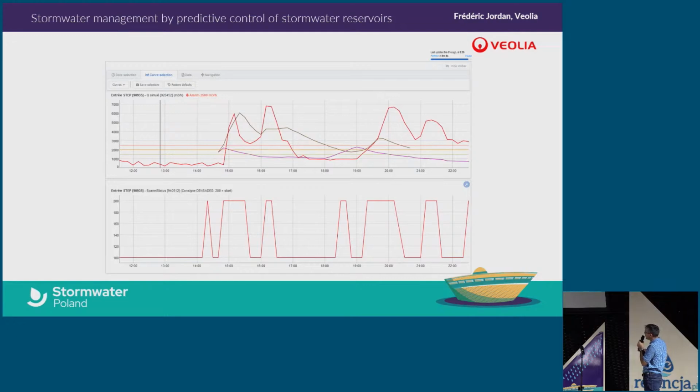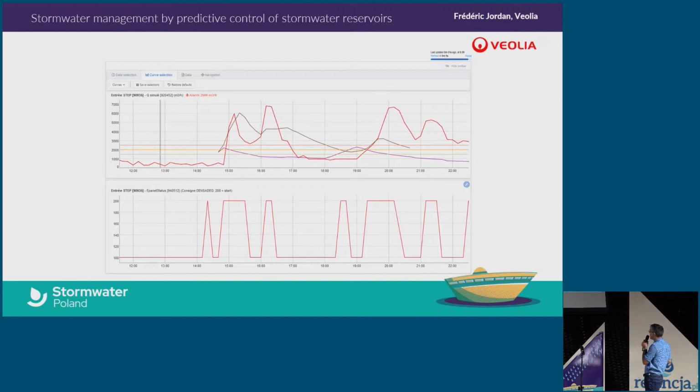We would predict according to two models. One would say, oh, not a lot of water is coming. The second one, which is based on radar, says, oh, we will go over the threshold, so we might need to activate the DensaDeg. This is confirmed by the signal, which says continuously activate it. If you zoom here, you can see that 10 before 3, we ask for activating it, but the threshold actually is passed 10 or 20 minutes later.